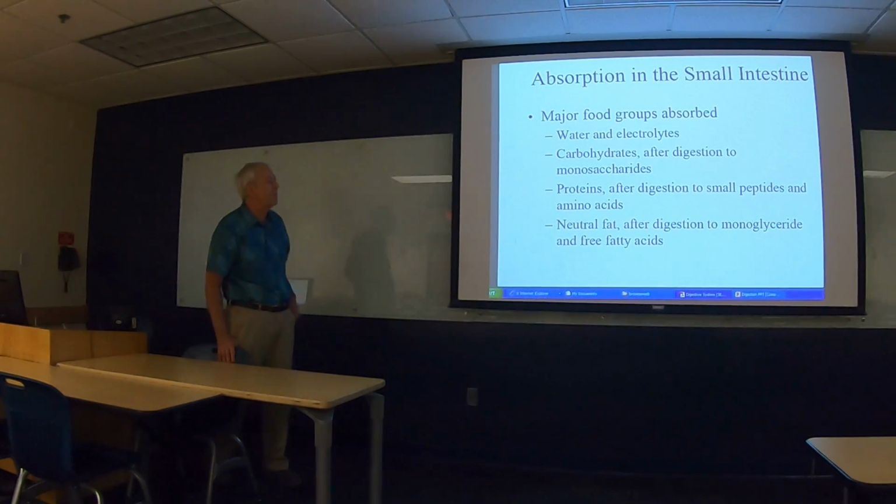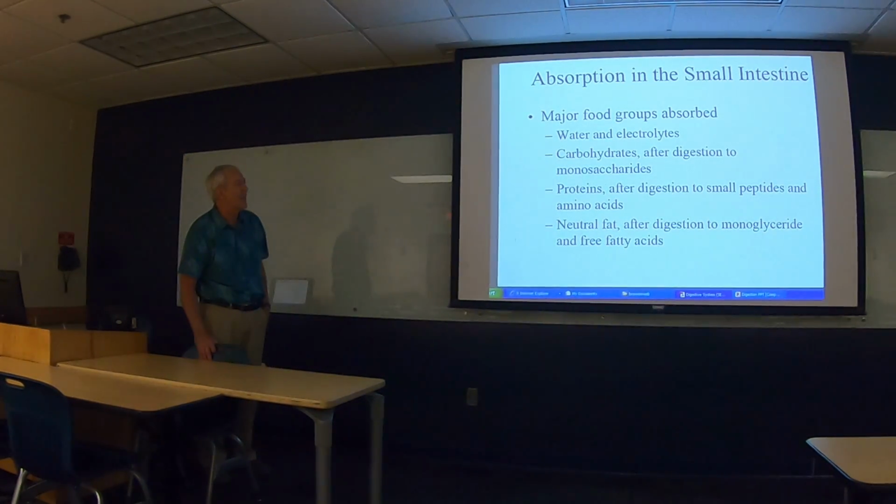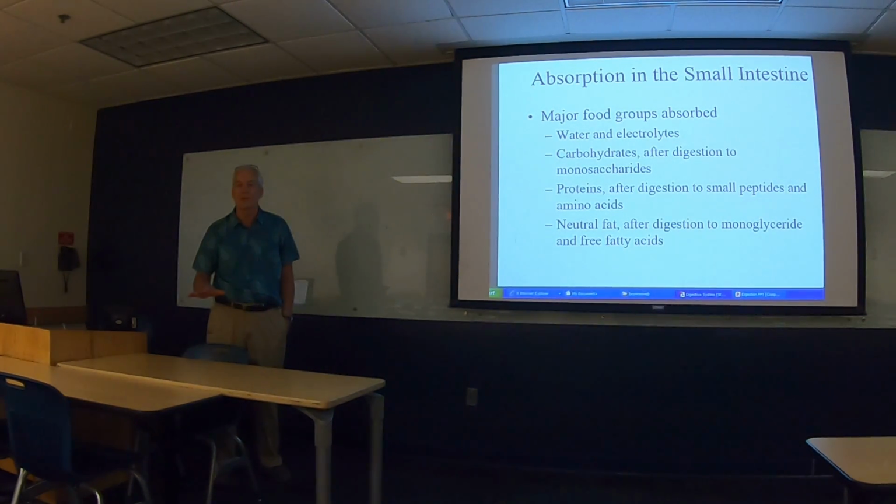So absorption of food within the small intestine, all the major food groups are going to be absorbed: carbohydrates, proteins, nucleic acids, all of the different fats. And we'll see that fat, depending on the size, if you have small chain triglycerides, which are lower than 14 or 15 carbons, those can be absorbed into the portal vein.